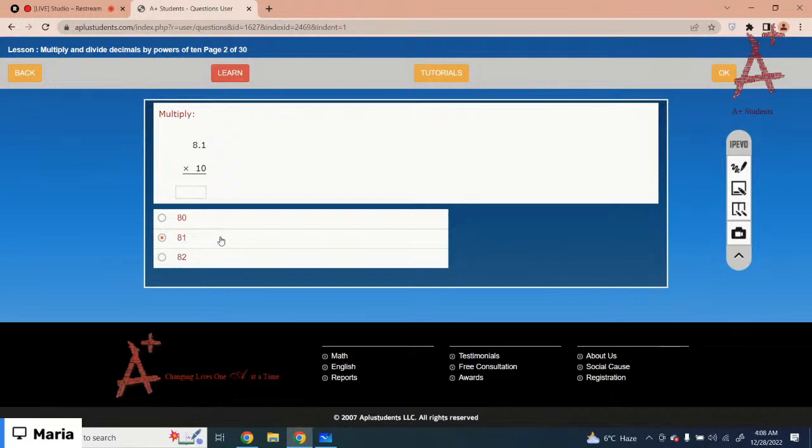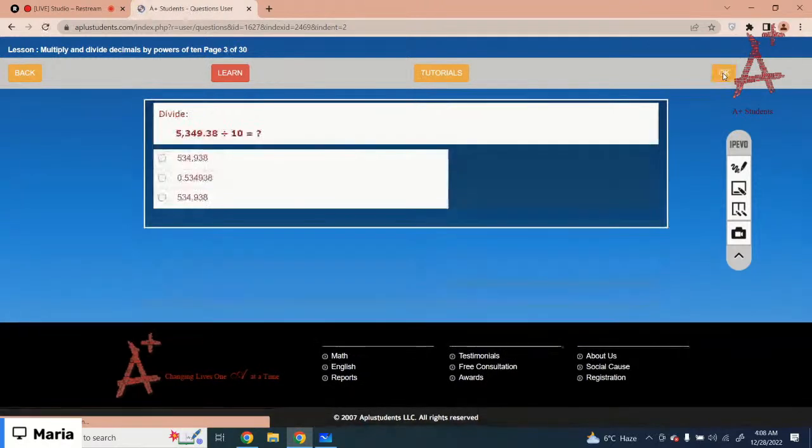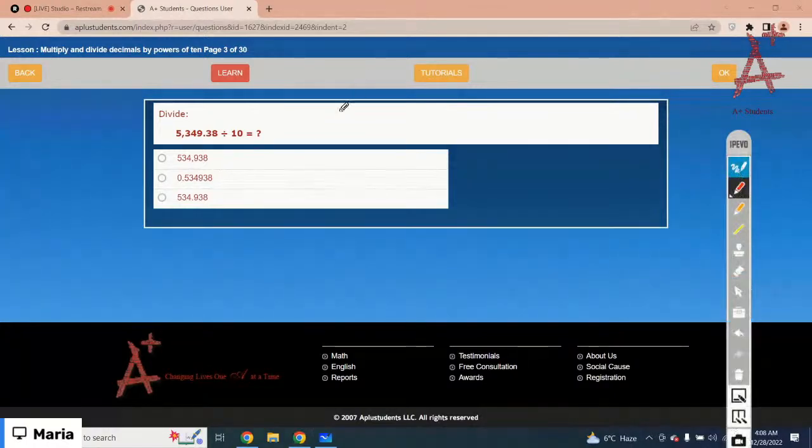Okay, the next one is... I forgot to click on the OK button. Okay, the next one is you have to divide. So while dividing, you always move the decimal point left. Got it? It would be 5349.38. So it is dividing by 10. 10 has only one zero. Got it? That means you have to move the decimal point one place left.